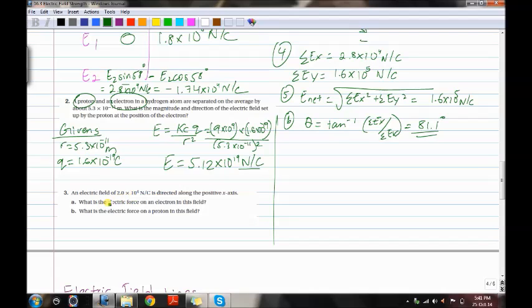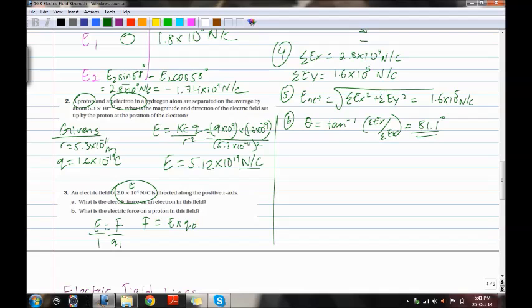They said that an electric field of 2 times 10 to the power of 4 Newton per coulomb is directed along the positive x-axis. A, what is the electric force on an electron in this field? And B, what is the electric force on a proton in this field? So the given is E. Then we use the formula E equals F over Q naught. We need to find the F, so we cross multiply, and the formula would be F equals E times the Q naught.